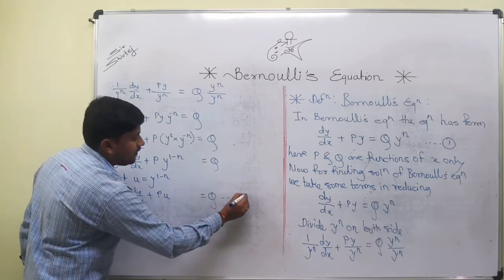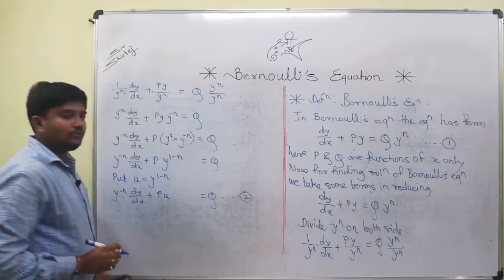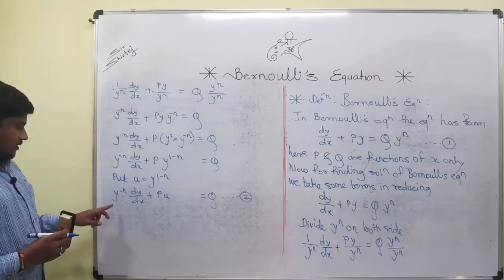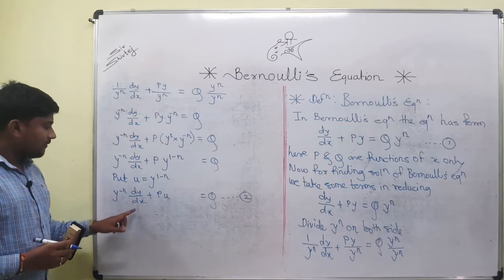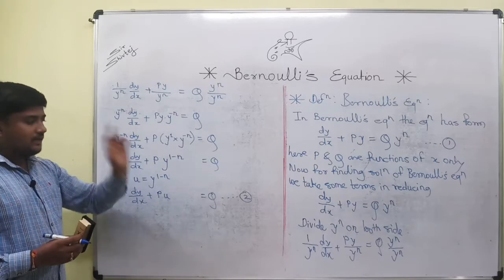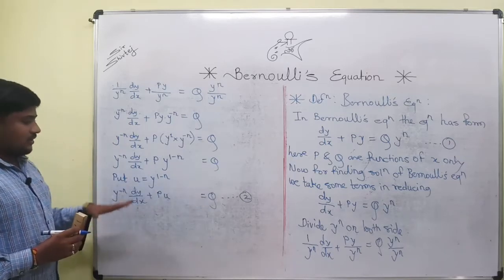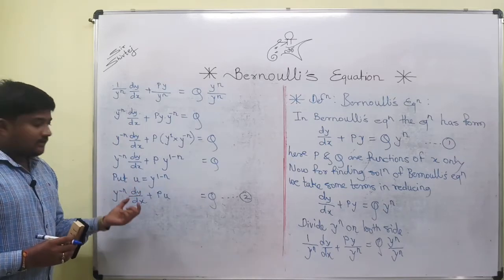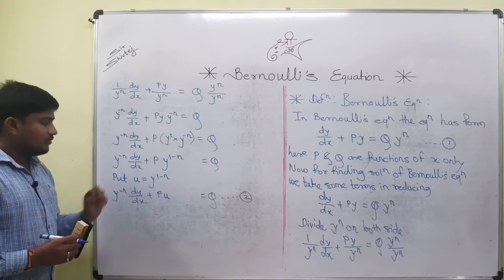That will be equation 2, okay. Now y raised to minus n dy by dx plus p into u is equal to q, which is equation 2. Now here we take the derivative of u.